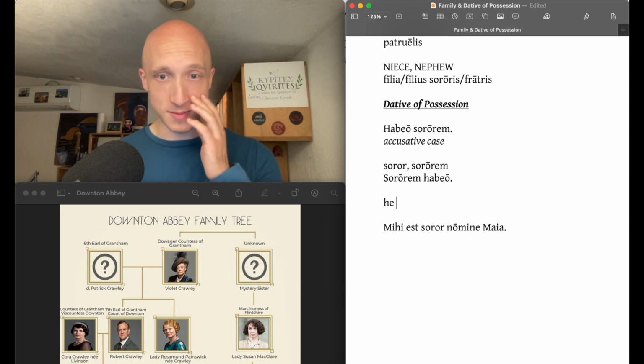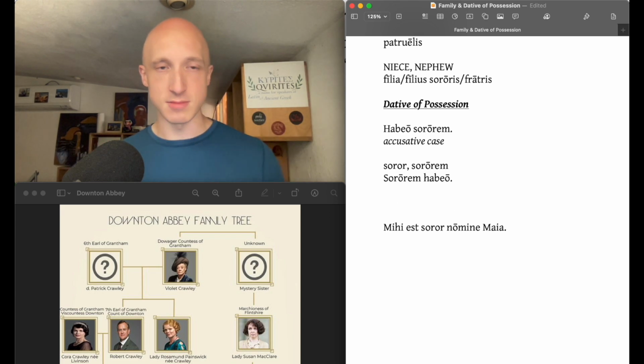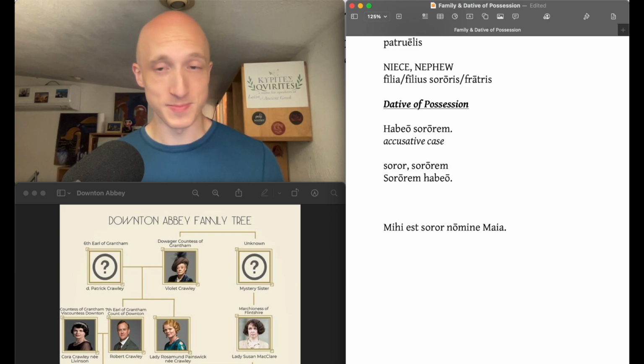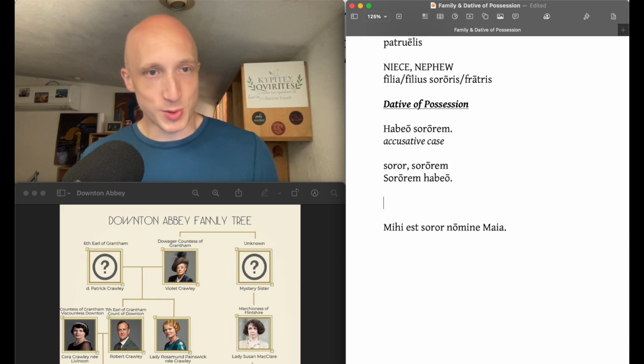Those are all the parts of the declension, the declined pattern of those pronouns. And of course, the pronouns do that in Latin, but also all nouns, with very few exceptions, have to undergo declination or declension as well. So sororen habeo, well, that's something we'd have to now do and think about.